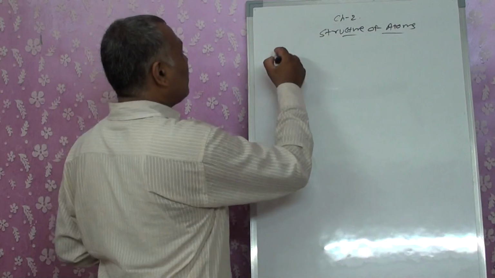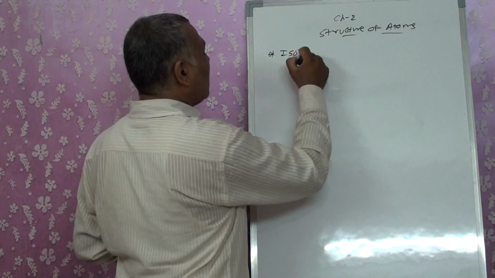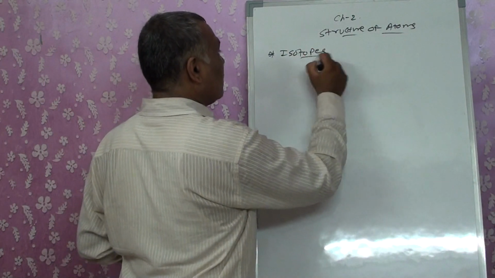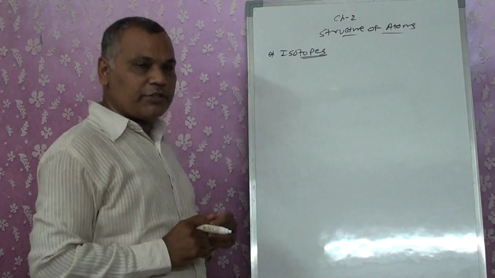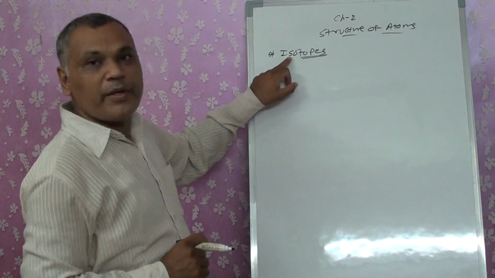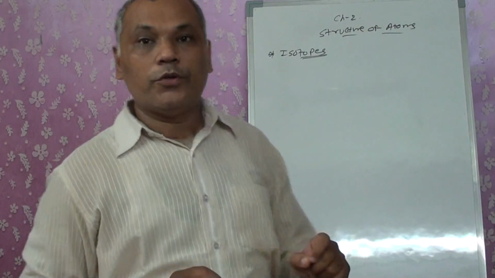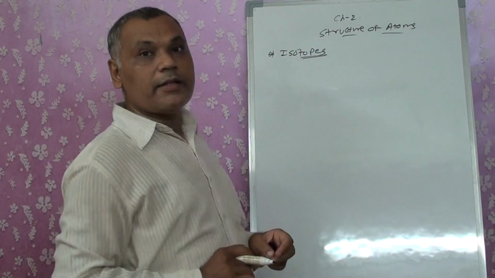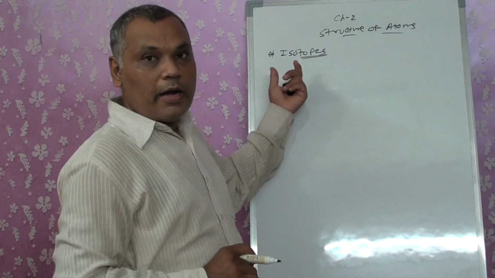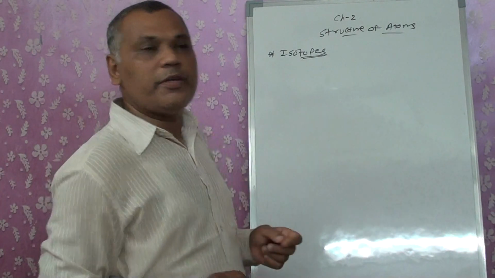Like the first one we are going to study, isotopes. Now remember, I am always going to change the suffix. Iso means same. So here something is going to be the same.